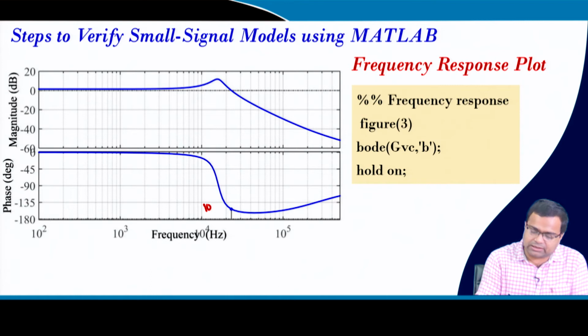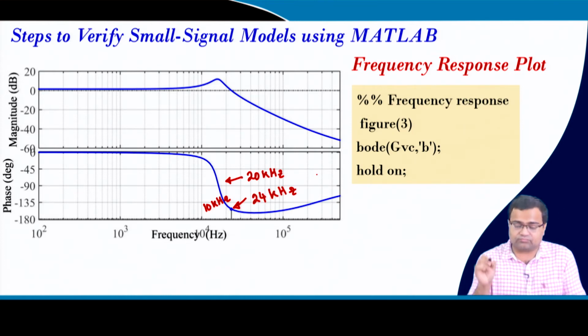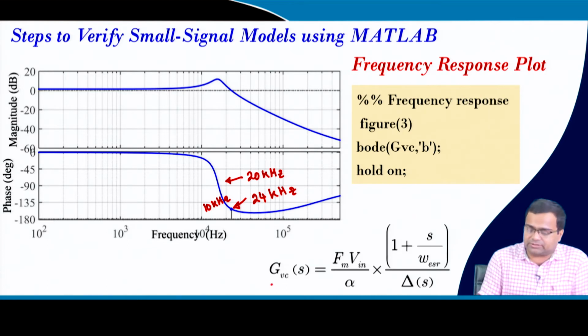So this is our 10 kilohertz, this point is our 20 kilohertz, and this point will be roughly 24 kilohertz or so, and this is the transfer function between them.